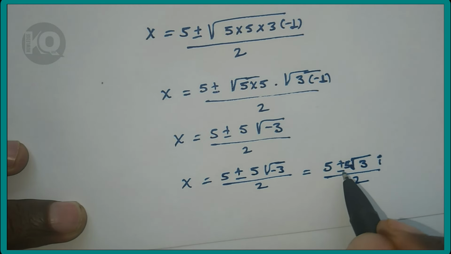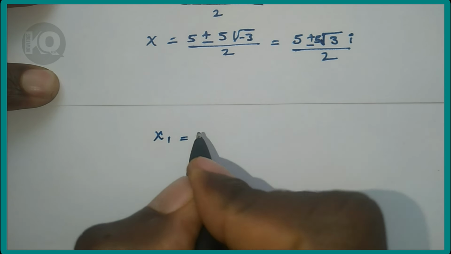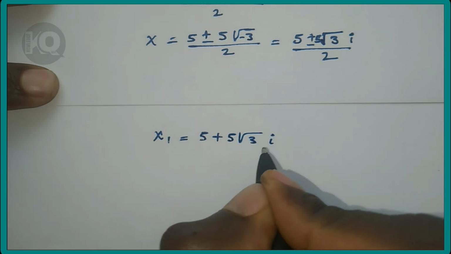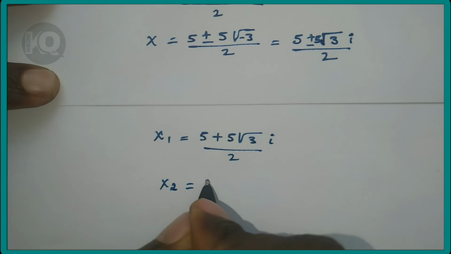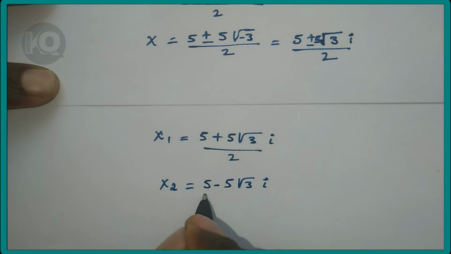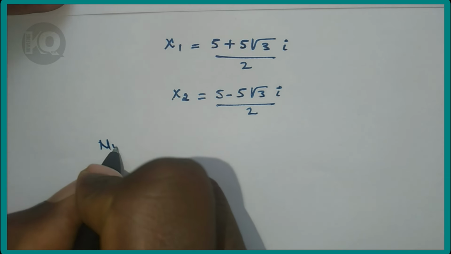Now we have two solutions, x1 and x2. Here x1 equals 5 plus 5 root 3 times i, over 2, and x2 equals 5 minus 5 root 3 times i, over 2. Now let's find the value of y.